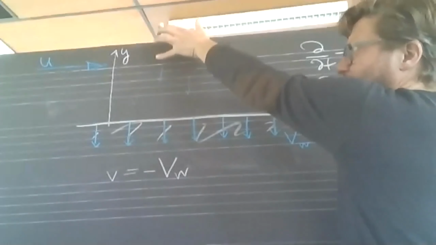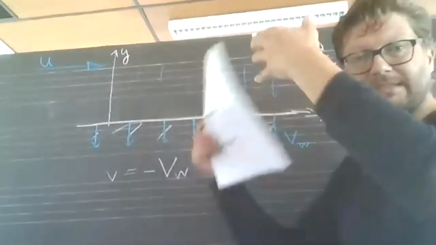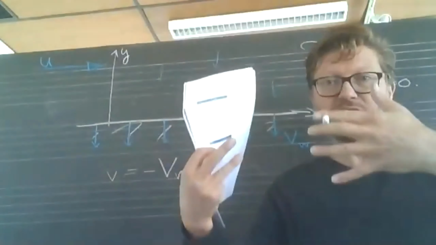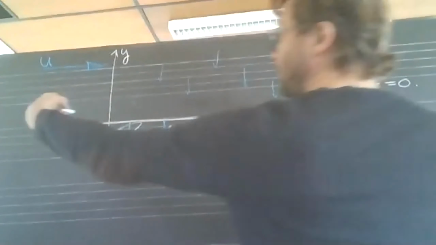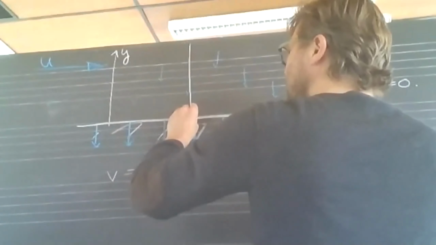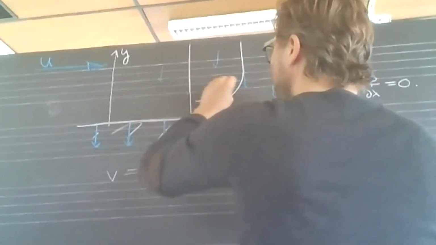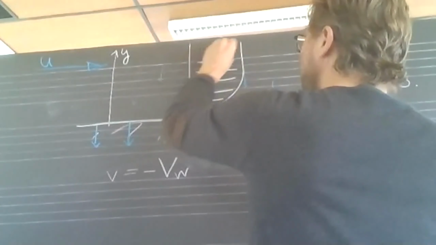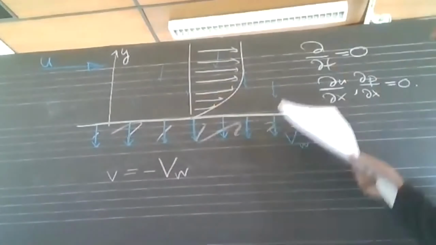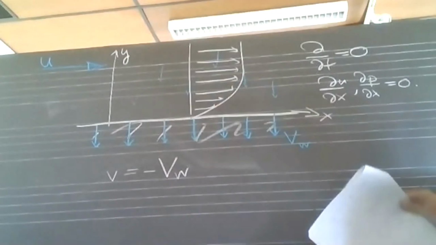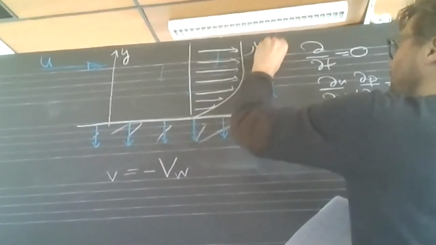So we just essentially have a slow translation of fluid into the wall. But because we have a flow from left to right, we'll develop some kind of boundary layer. And because nothing is changing in x direction, we already know that this boundary layer is only a function of y.